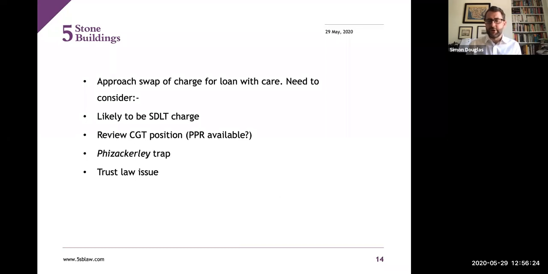And the other thing just to note, be wary of exercising that power within 2 years of the first spouse's death. Because if within 2 years of the first spouse's death you appoint a right to occupy to the surviving spouse, that will be read back into the will.